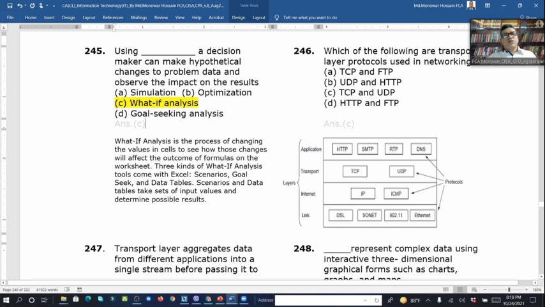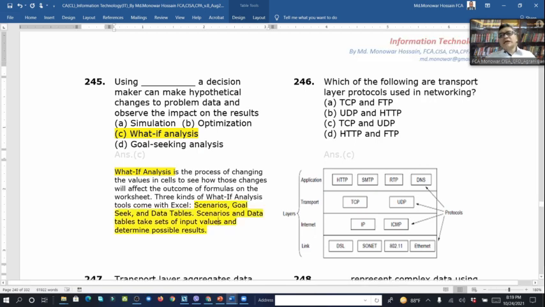So what is what-if analysis? What-if analysis is the process of changing the value in a cell to see how this change will affect the outcome of the formula in the worksheet.